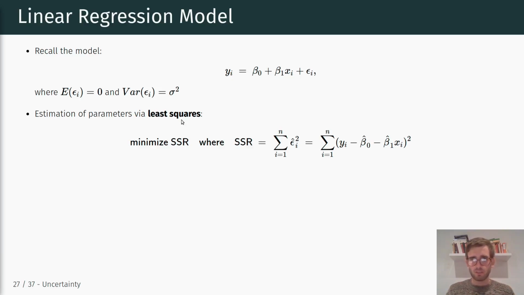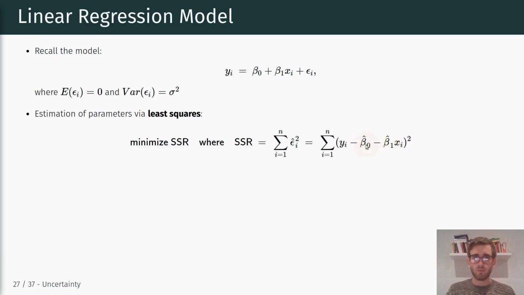In order to derive these least squares estimates, we minimize the sum of squared residuals, where the sum of squared residuals is the sum of the squared errors between our yi, the observed outcome value, and our y hat, which is the predicted value of the linear model. So that's yi minus beta hat 0 minus beta hat 1 xi.